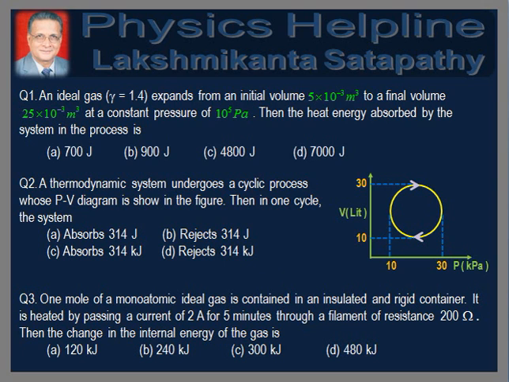Question 1. An ideal gas, gamma is equal to 1.4, expands from an initial volume 5 into 10 to the power minus 3 meter cubed to a final volume 25 into 10 to the power minus 3 meter cubed at a constant pressure of 10 to the power 5 pascals.